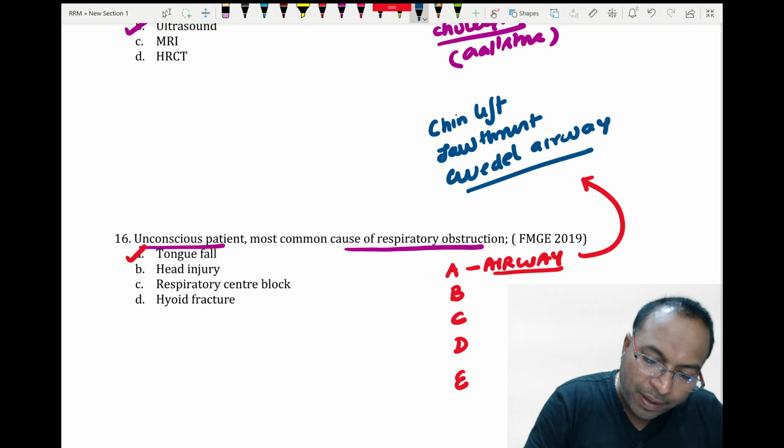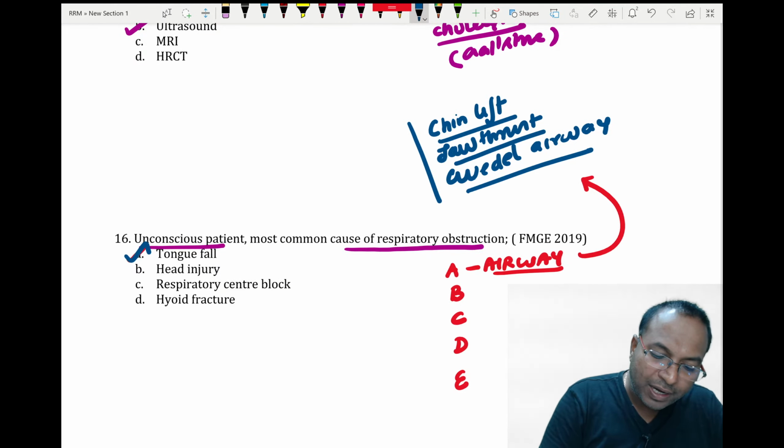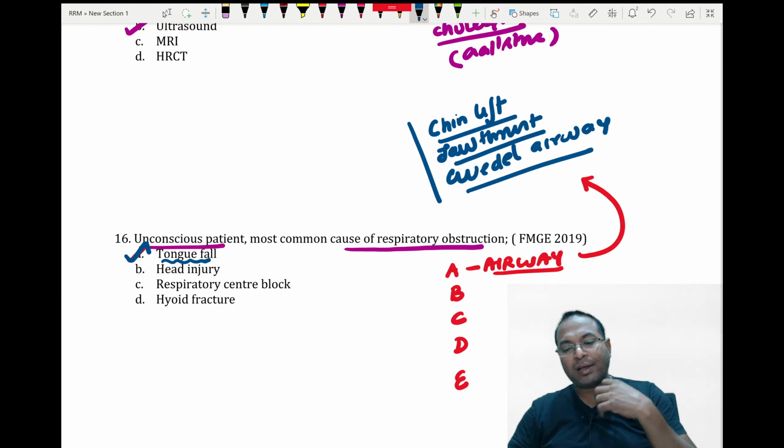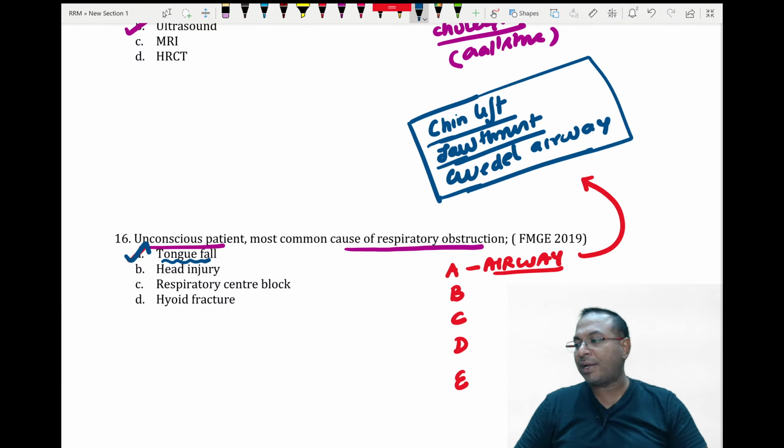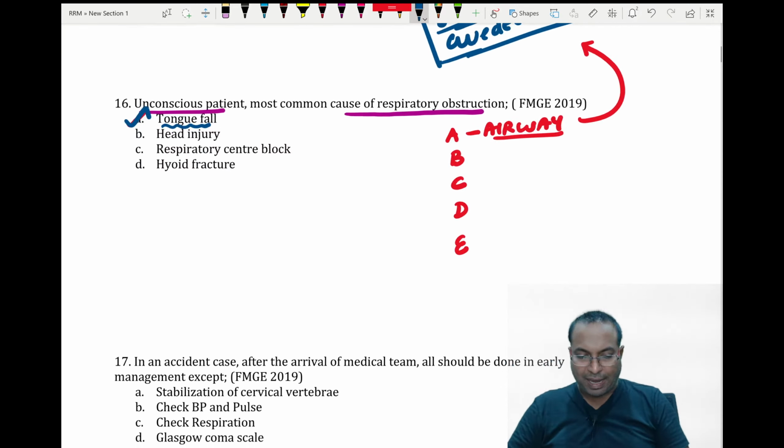Chin lift, jaw thrust, and Guedel airway are the maneuvers done to prevent this.